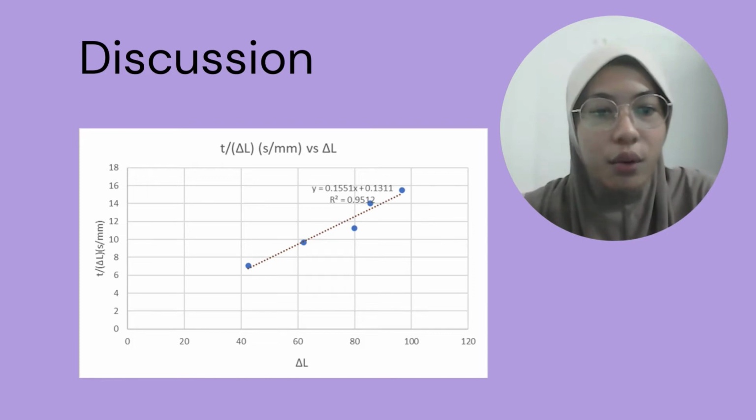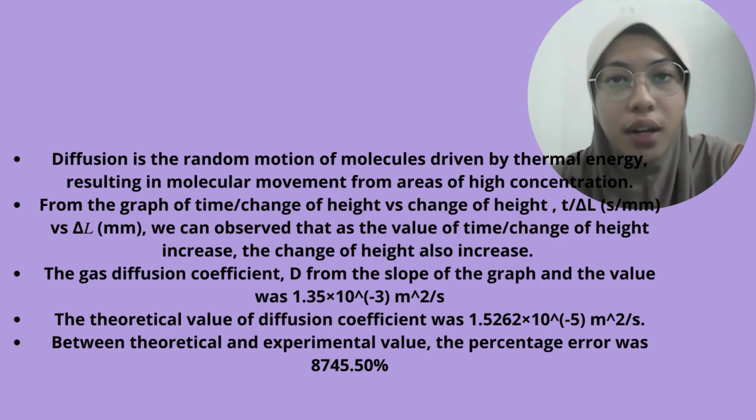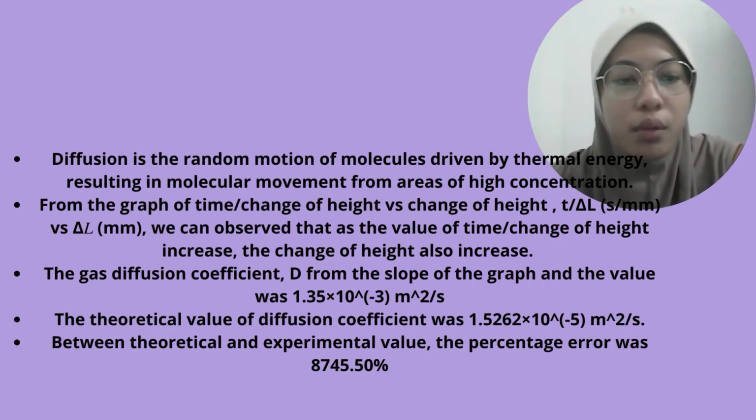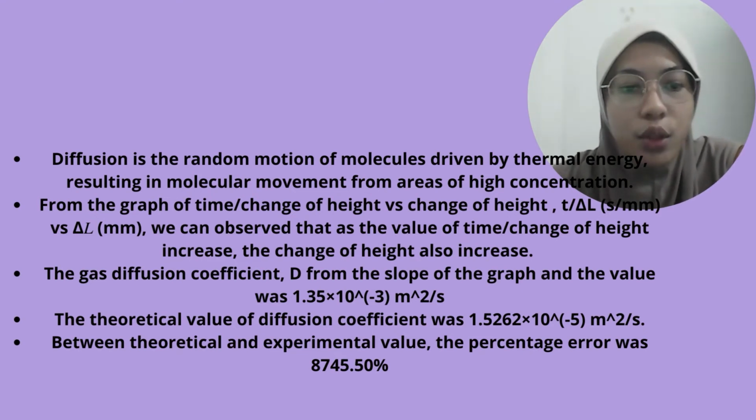So this is the graph of time over change of height versus change of height. Diffusion is the random motion of molecules driven by thermal energy, resulting in molecular movement from areas of high concentration. From the graph, we can observe that as the value of time over change of height increases, the change of height also increases. The gas diffusion coefficient that we obtained from the slope of the graph was 1.35 times 10 to the power of -3.